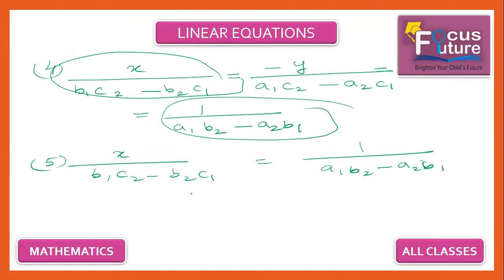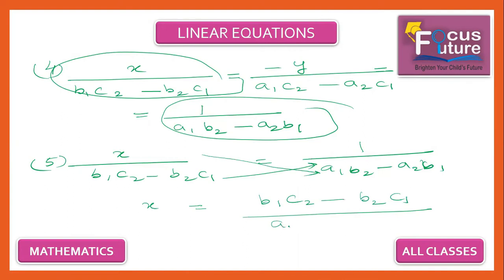So what would be the value of x? Just cross multiply this. You would get x is equal to b1 c2 minus b2 c1 divided by a1 b2 minus a2 b1. Similarly, you will calculate the y.